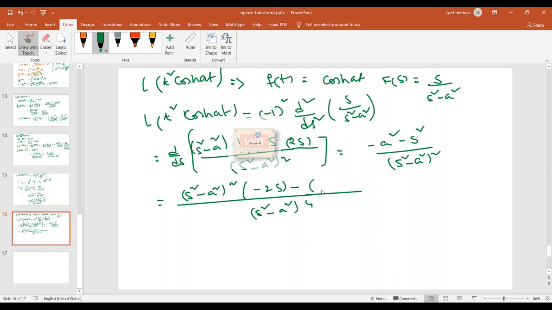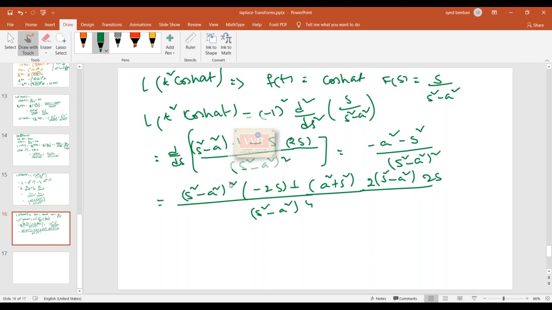Minus. So if I take minus common, it will be s square plus s square, and the differentiation of this is 2 times s square minus s square times again its differentiation, so it will be 2s.